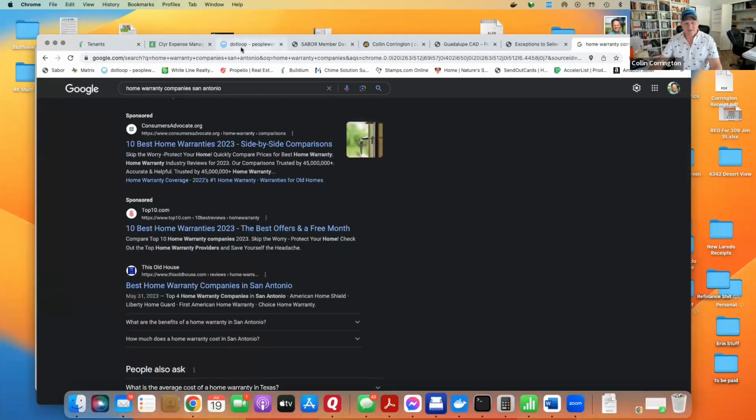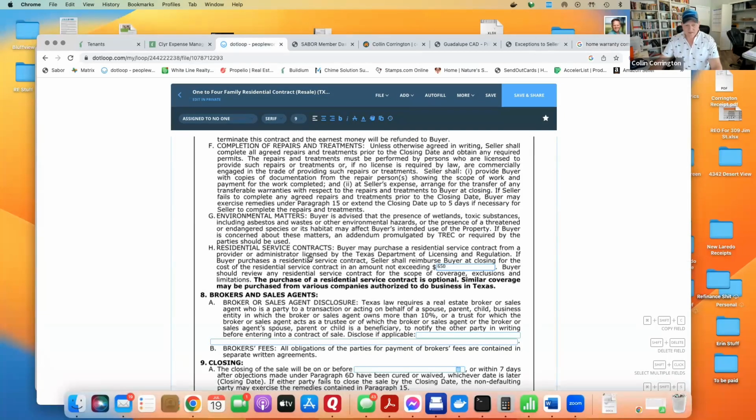Guys, another thing that I will say about this is home warranty companies can legally and will try to pay you for referring them. I do not accept those payments from those companies personally. At best, it's going to be $50 or $100. To me, it's not worth it. I have never known a home warranty company that has not pissed off my client.